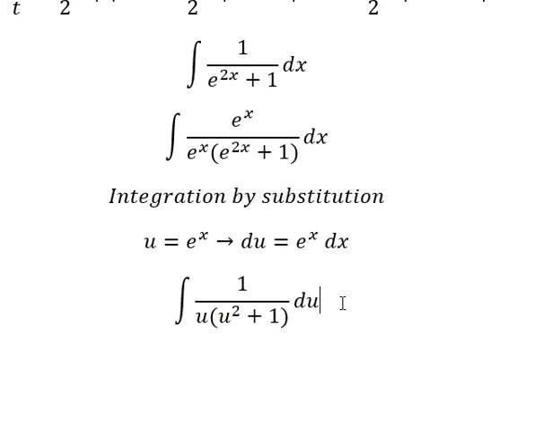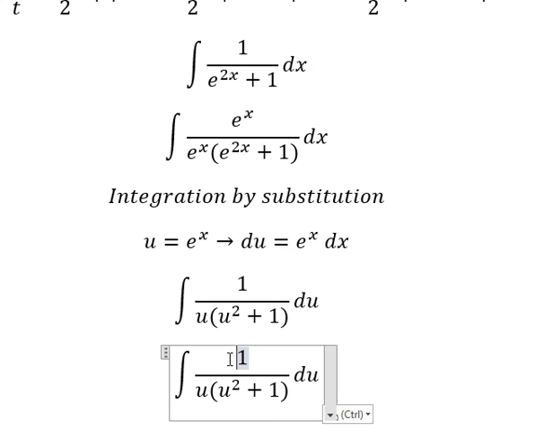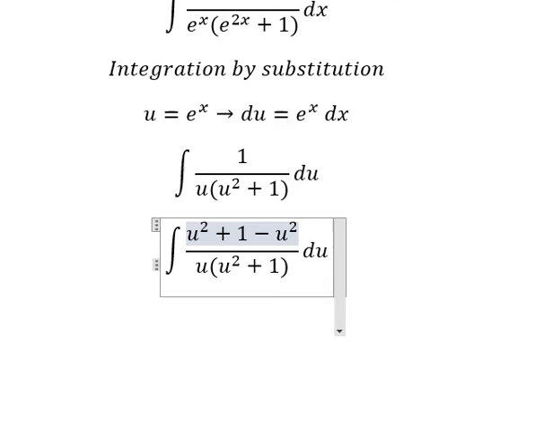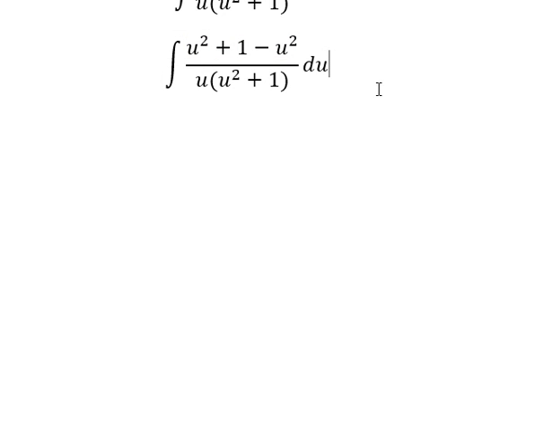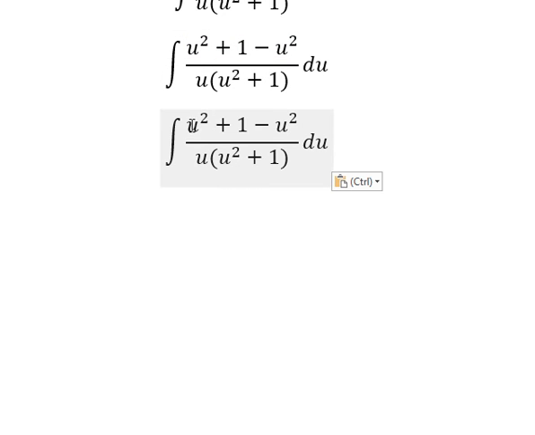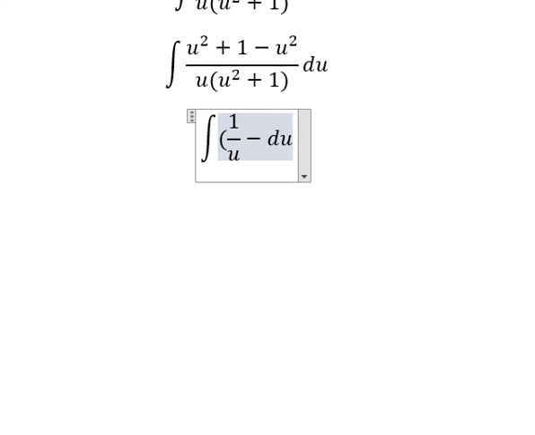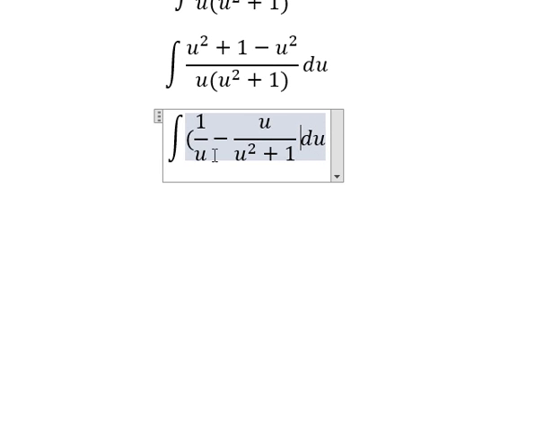Next, I will add u square in here. Later that we need to minus u square. So this one divided by this one and u square divided by u. So we will have 1 over u minus u over u square plus 1.